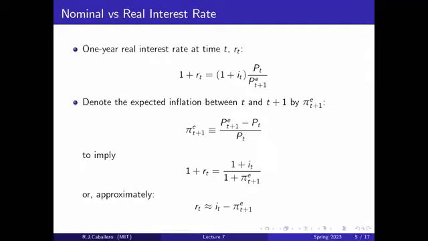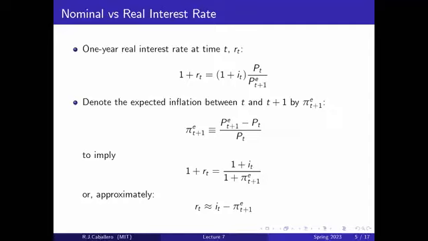So this is expected inflation at t plus 1. With a little algebra, I can rewrite this as 1 plus the nominal interest rate times 1 over 1 plus pi^e_{t+1}. Just algebra.